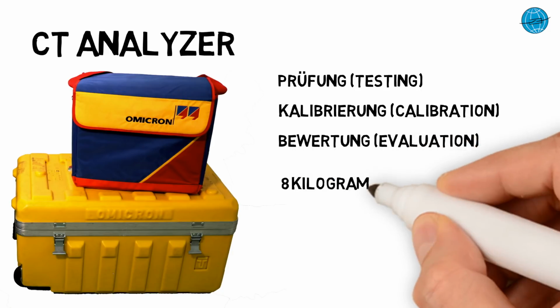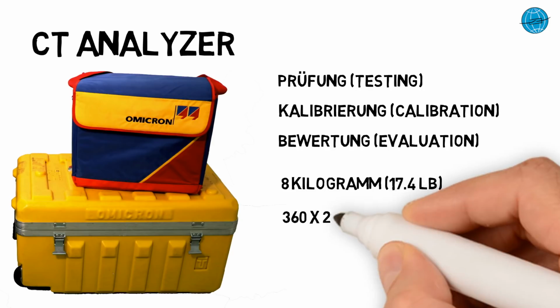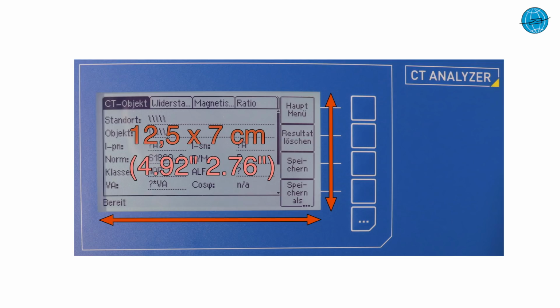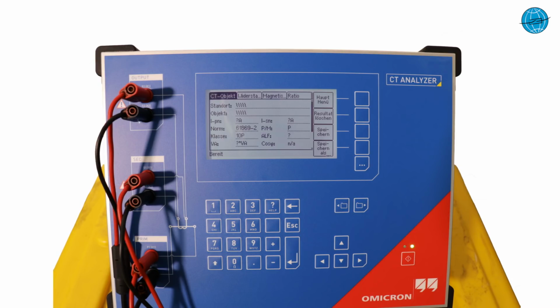It weighs 17.4 pounds and the dimensions are just 9.2, 7.2, 3.7 inch, and it's almost as tall and wide as the Compano 100 and even slimmer in depth. The display is about 4.92 by 2.76 inches and always shiny clean since it's not designed as a touchscreen. The operation is done here via the buttons of the front panel or alternatively via PC or laptop.